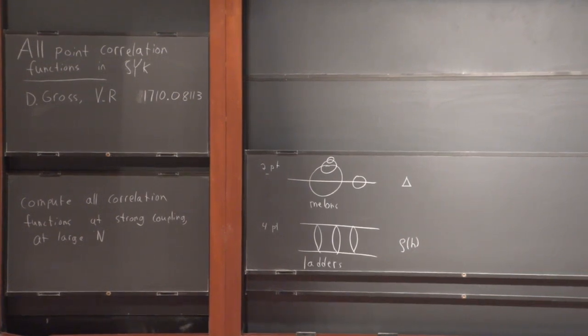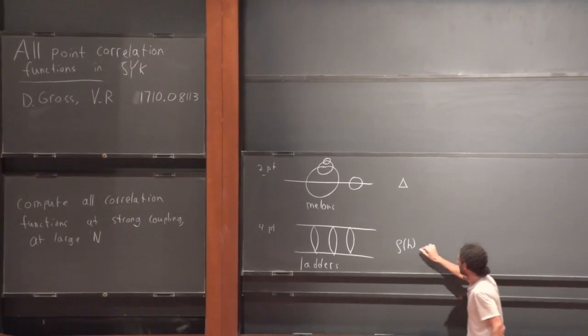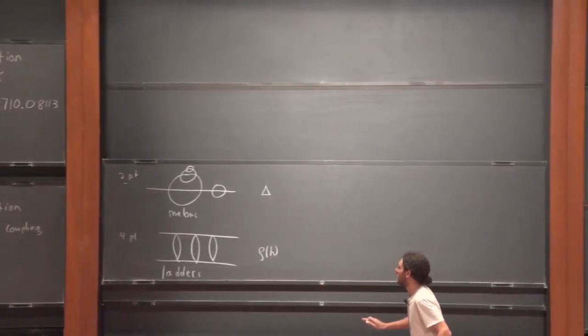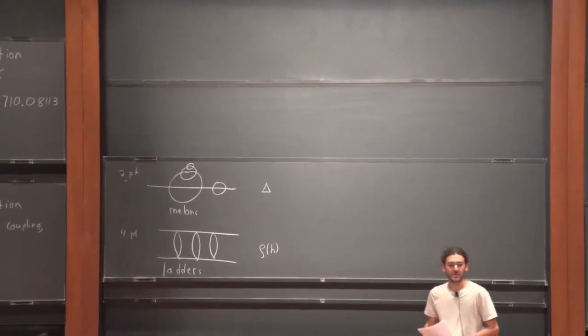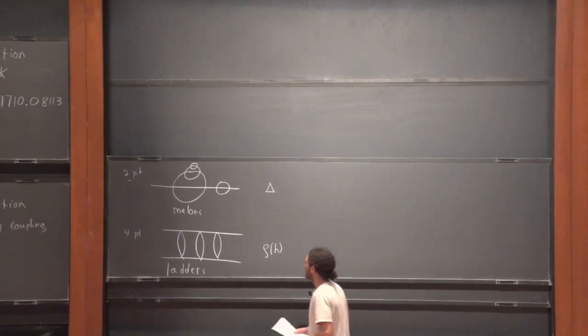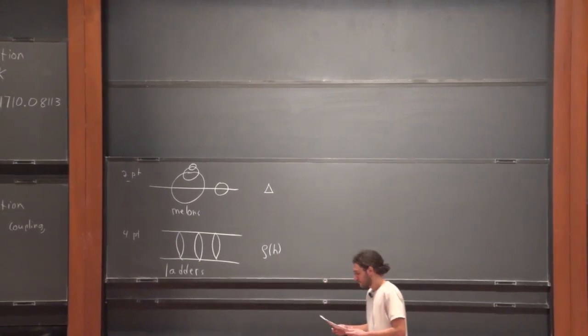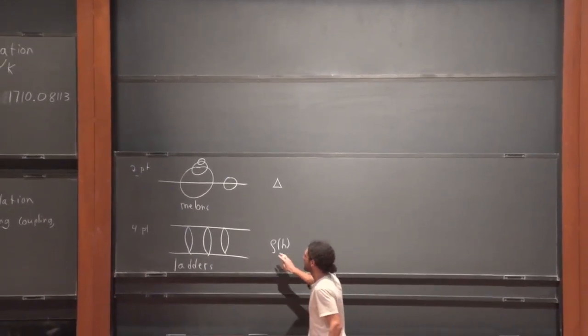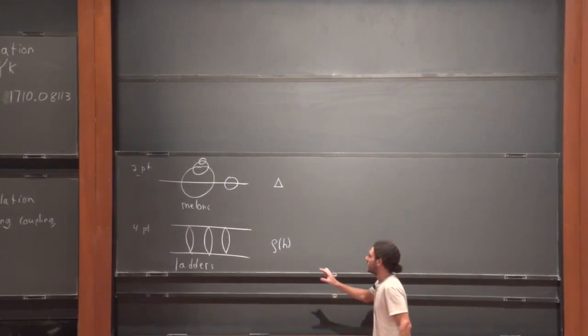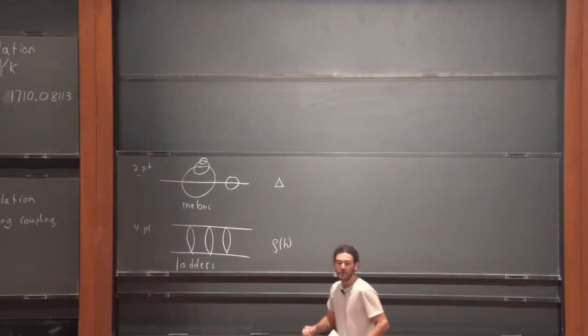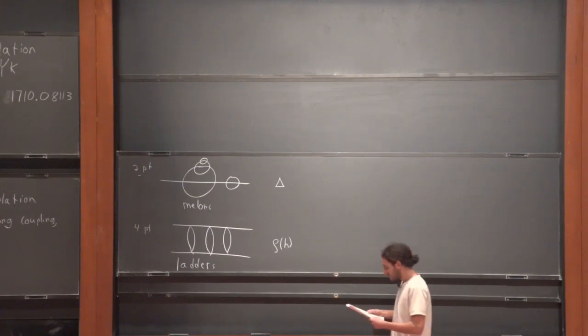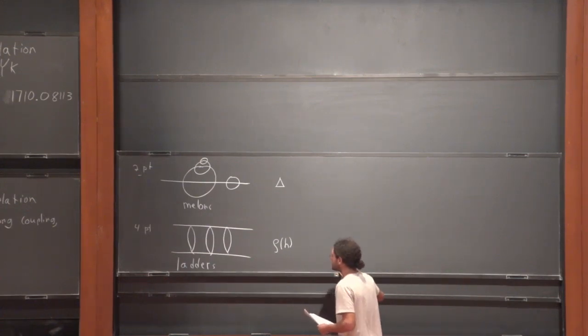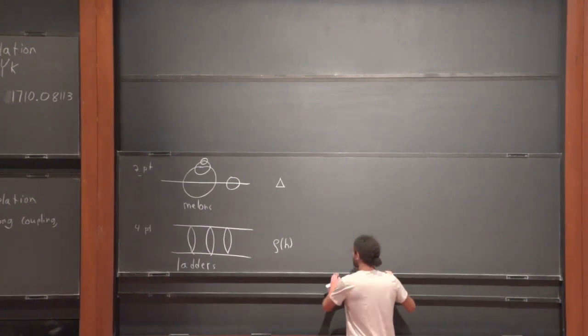I'll define rho of h in a minute. But rho of h has poles when h is at the physical dimensions of the bilinears, fermion bilinears, and roughly the residues of those poles are the OPE coefficients of two fermions turning into one of the bilinears. So that's the four-point function.